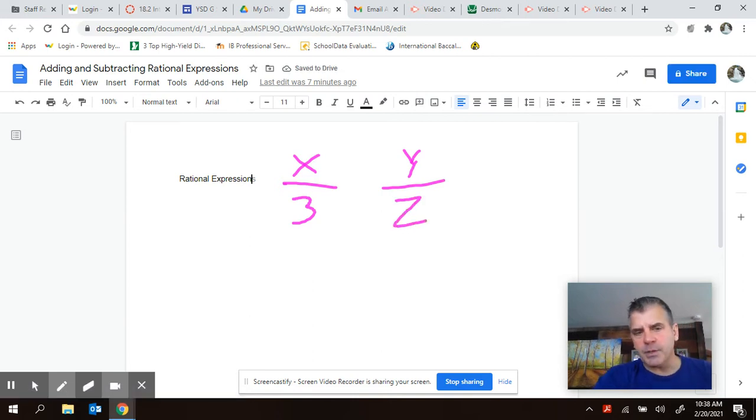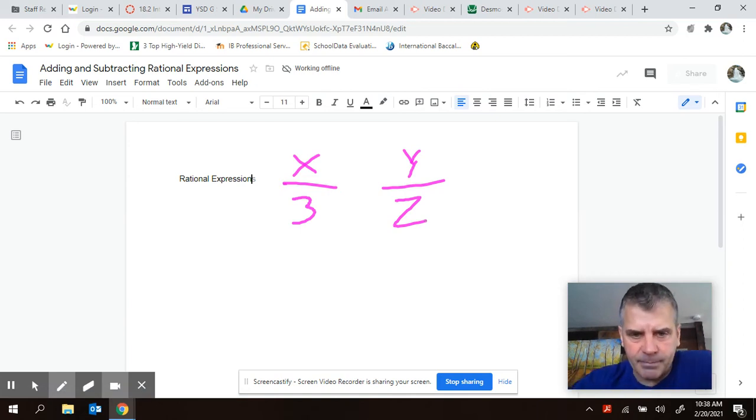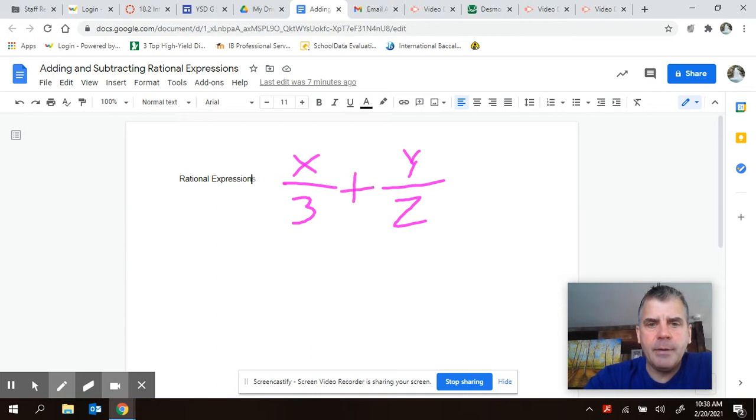Now what we can do with rational expressions, and we'll use this very basic setup right here, is add those two. And then I'm going to show you how to subtract those two. Really basic. You have to remember your addition of fractions rules to be able to do this.